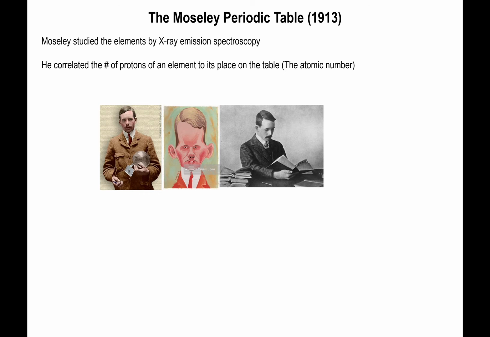It is that he correlates the number of protons an element possesses with what ultimately dictates where those elements line up in the periodic table. It's all about the protons. In essence, he implies that the number of protons the element has is what dictates which element you're dealing with.